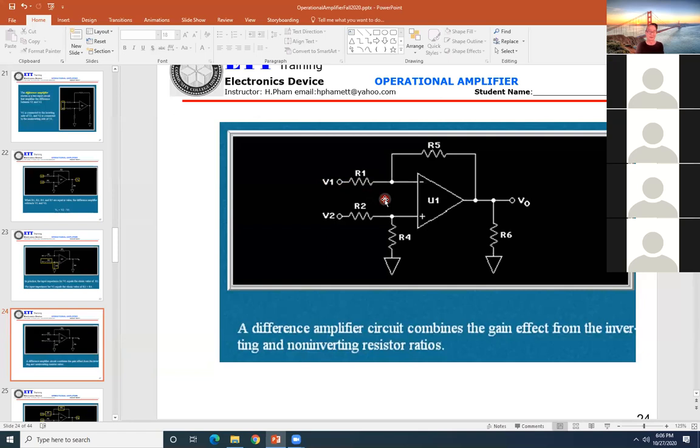The thing is, when you're solving the problem for a differential amplifier, you cannot solve both at the same time. You have to ground V2 to calculate with the input V1. Then you have to ground V1 to calculate with V2. Now you already know the configuration.